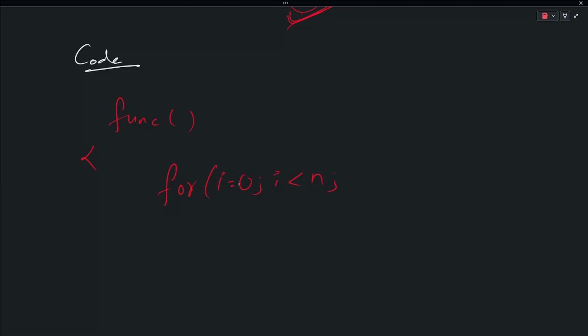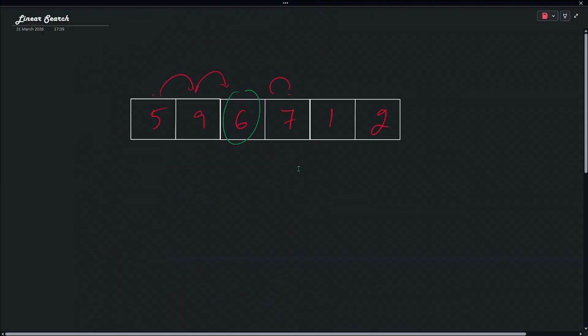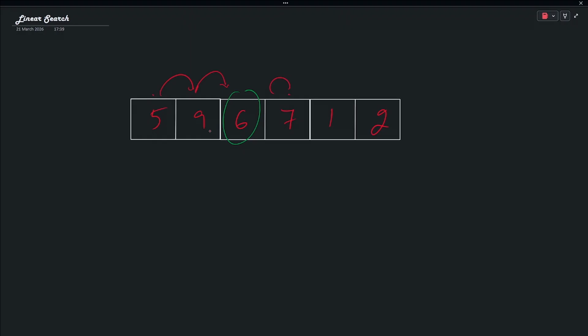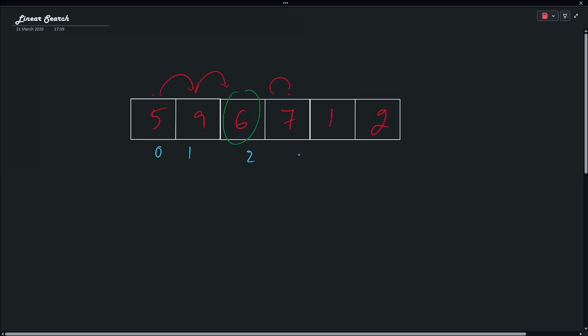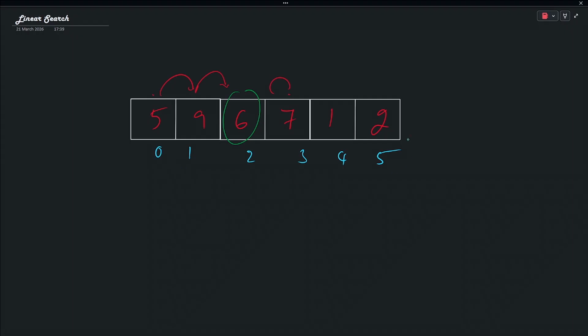Because in computer science, we always start the indices in an array from 0, which is 0, 1, 2, 3, 4, and 5. So although there are 6 elements over here, we're starting with 0.